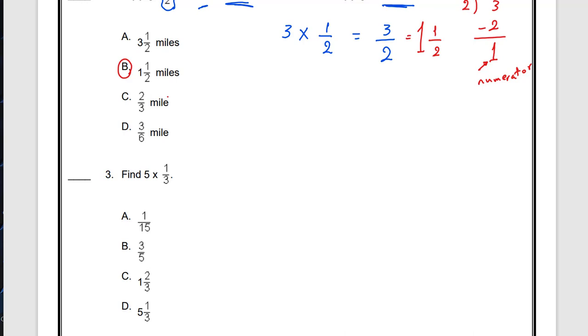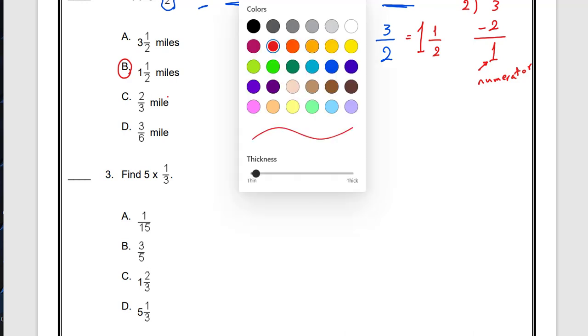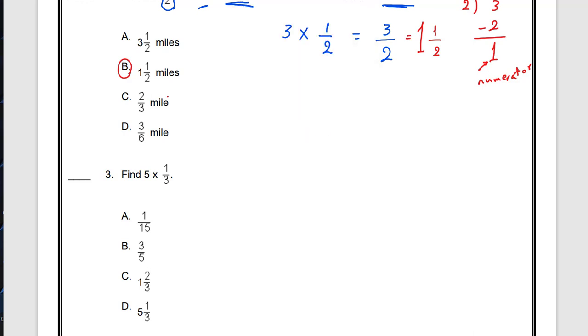Thamer? Thamer, yes, Mister. Go ahead. 1/3. Mm-hmm. 5 multiply 1 equals 5. And the denominator? Okay, 3.